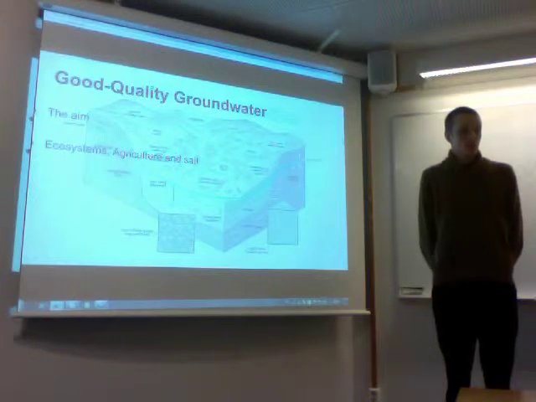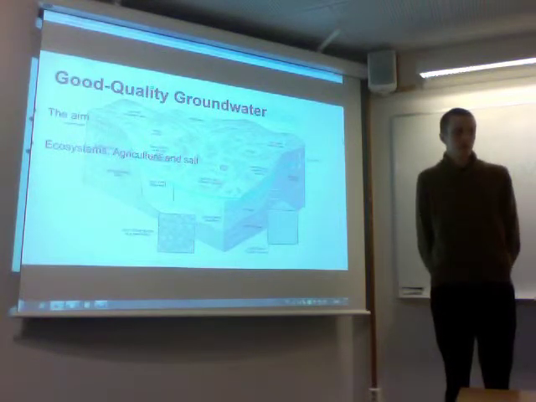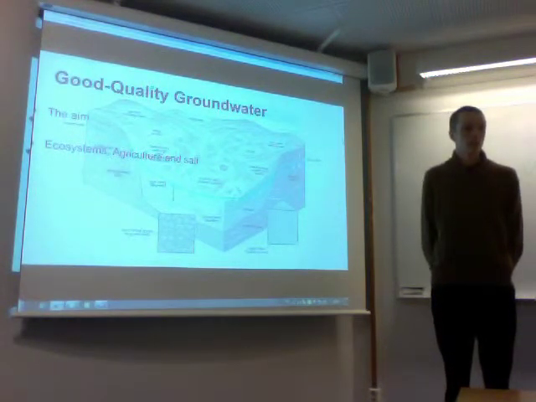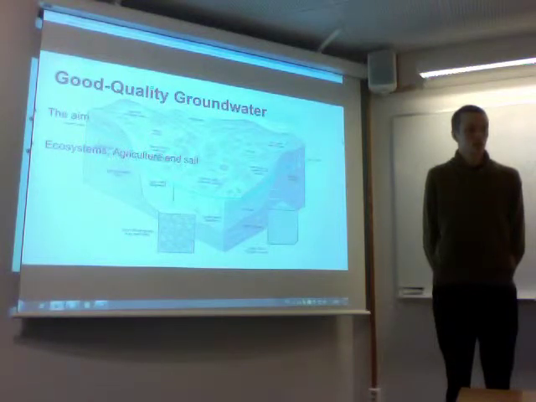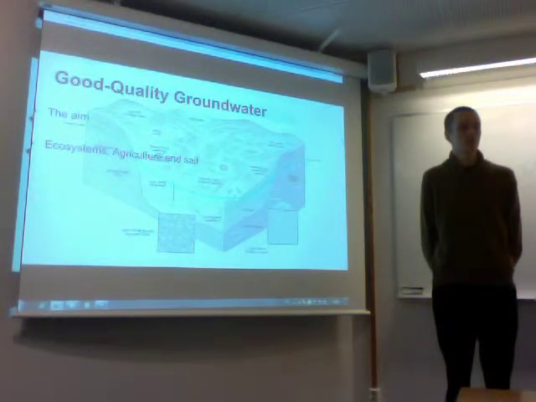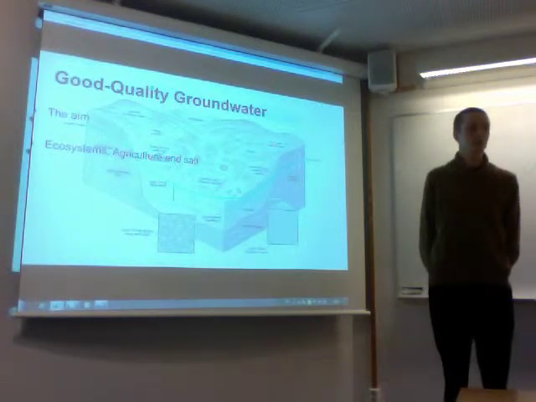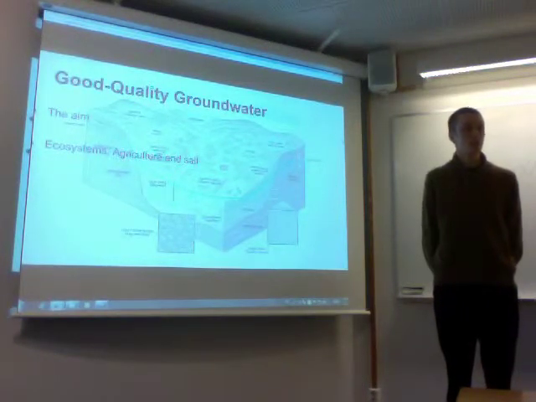Good quality groundwater. The aim of this objective is to provide a safe and sustainable supply of drinking water from groundwater sources, as well as to contribute towards viable habitats for flora and fauna in lakes and in watercourses. Groundwater is very important, since it affects the ecosystems that rely on the same water.